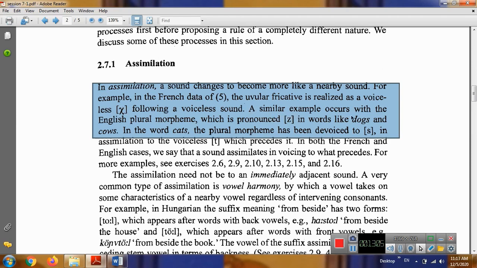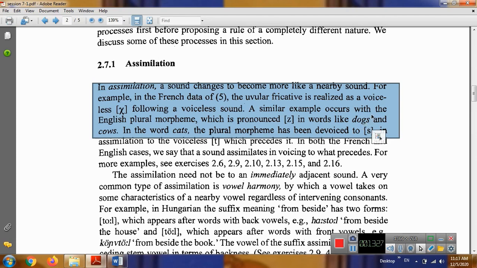A similar example occurs with the English plural morpheme. In the English plural morpheme, we have assimilation, which is pronounced z in words like dogs and cows. Why? Because we have the voiced consonant g.